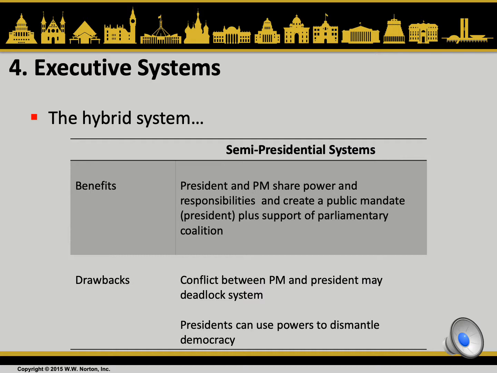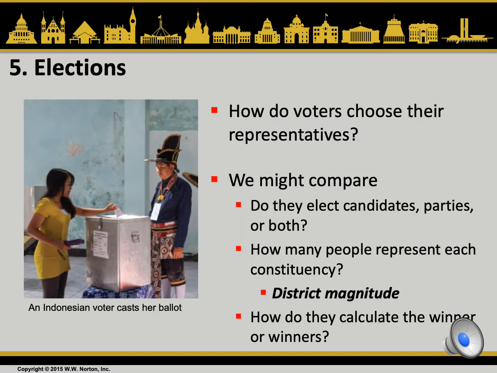The drawback really comes from, again, the same condition that you have two executives, and how well they share power could either propel the system or deadlock the system. And depending on how much power is allowed in either of these positions by the Constitution, there is a chance that the democracy itself could be at risk.